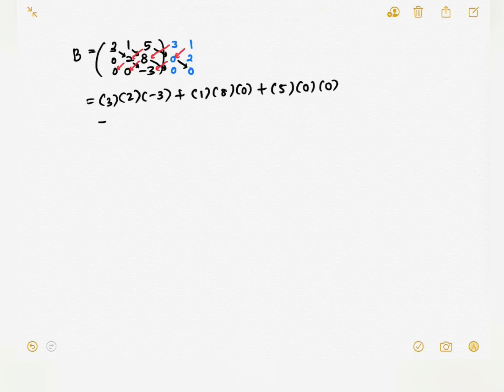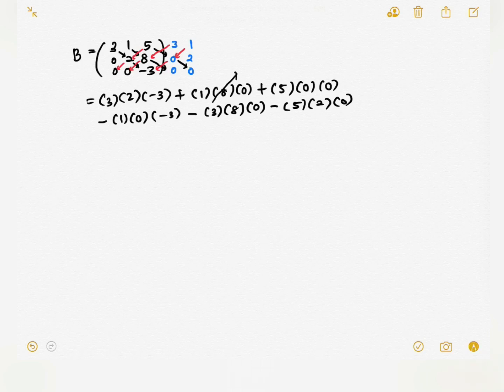And then I minus the first red line, which is 1 times 0 times negative 3, minus again my second red line, which is 3 times 8 times 0, and then minus again my third red line, which is 5 times 2 times 0.